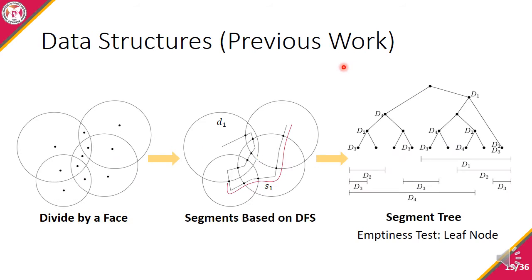To compute all emptiness tests efficiently, both works construct data structures and store the intersections of disks in the data structures. In the previous work, they define segments based on arrangement traversing. During the traversing, each disk may appear or disappear.